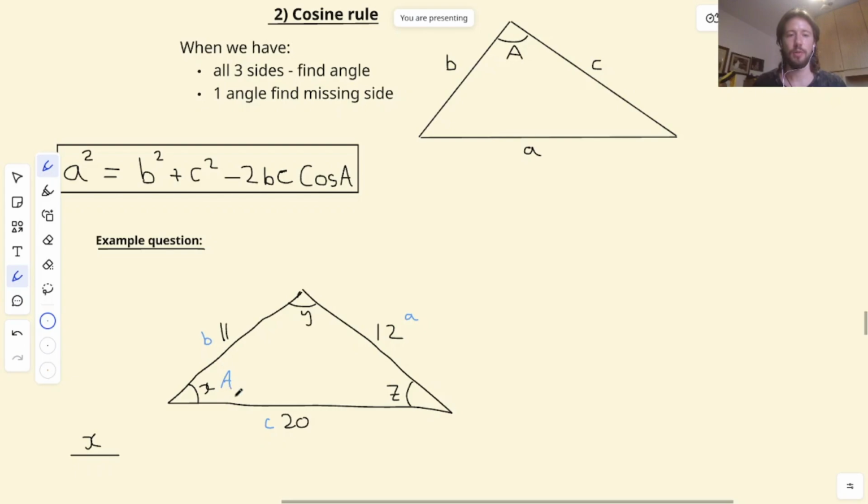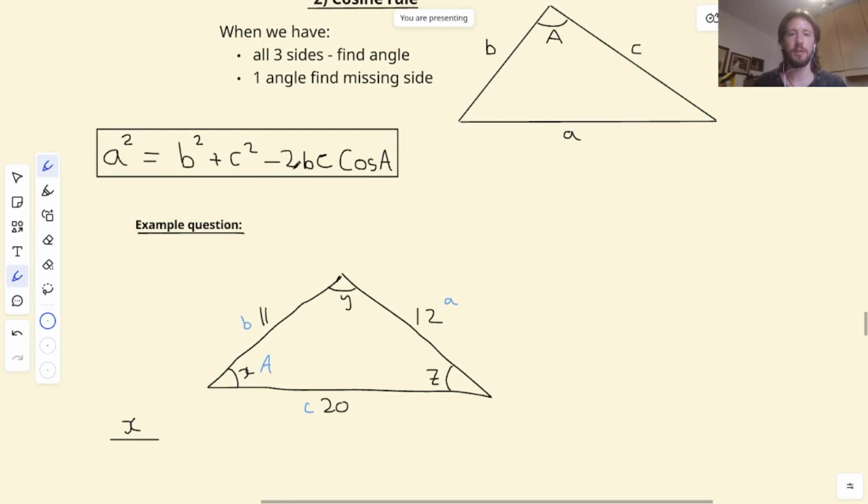Now that we've labeled all of our values, we can pop them into the formula.